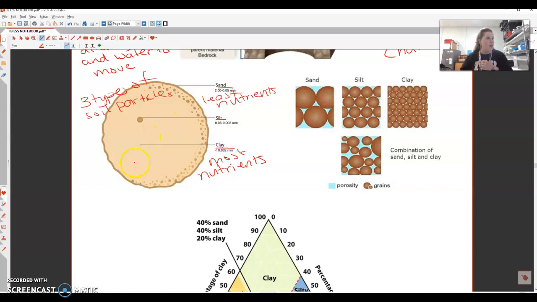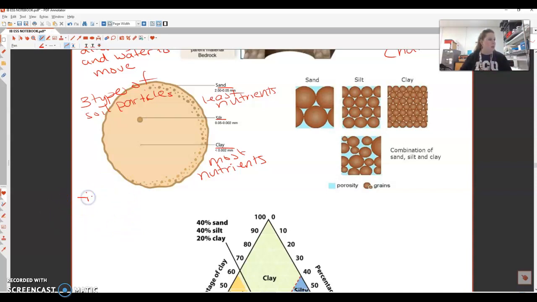Okay, so the soil particle sizes themselves are going to impact how water is able to flow through it. So it's going to impact what we call porosity and permeability. Okay, those are not the same things. Porosity versus permeability.